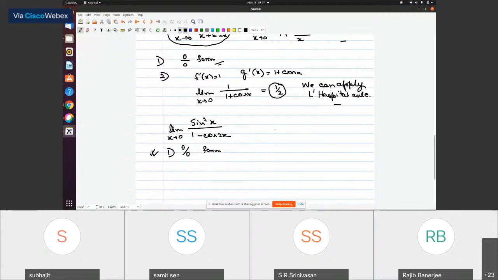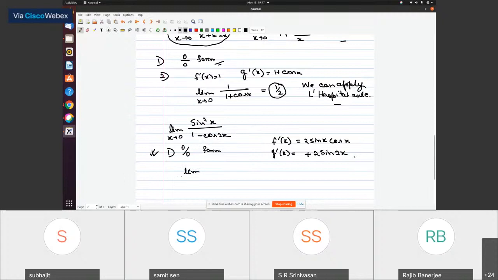Right. Now what about the second condition? Second condition is that f prime x exists and g prime x also exists. So what will be f prime x? Sin 2x, or let me write it in this form, 2 sin x cos x. And g prime x will be 2 sin 2x. Now what happens with this limit?